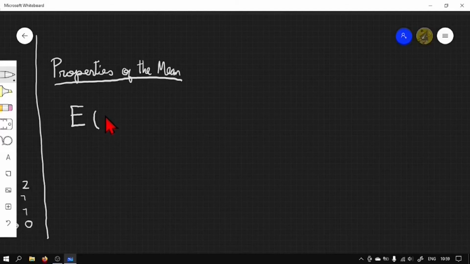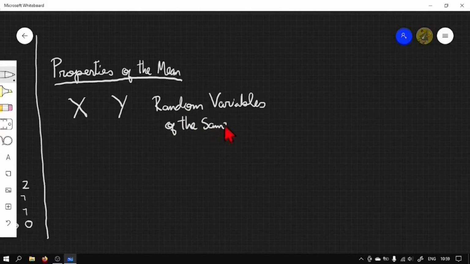And what linear means is that if I have, for example, here, we have two random variables. Let's start from there. We have x and y, random variables of the same experiment. As I said before, the experiment can be expanded.